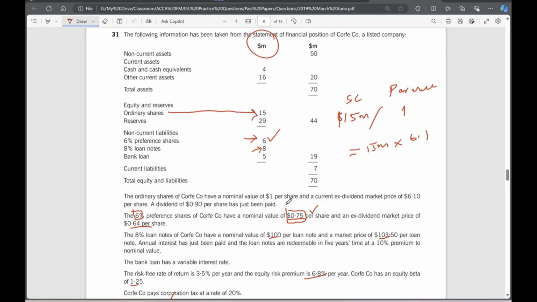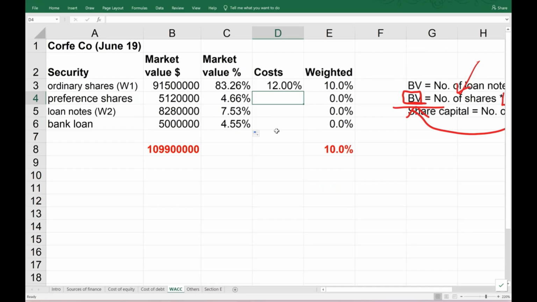So 6% dividend multiplied by par value, every year you will pay a fixed dividend, and dividend is always based on par value. Whether it comes to the ordinary share or the loan notes, the interest or coupon rate is always based on par value. So 0.75 into 6%, that gives me the dividend.